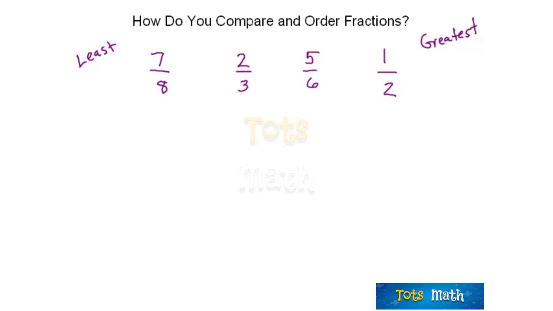So our first step is to find a common denominator. So that's a multiple of 8, 3, 6, and 2. Well, all 4 of those numbers divide evenly into 24. So we're going to convert all of our fractions into 24ths.